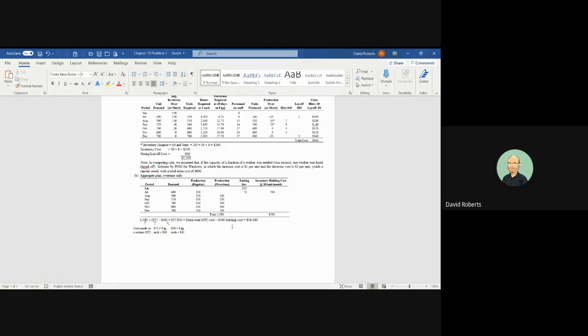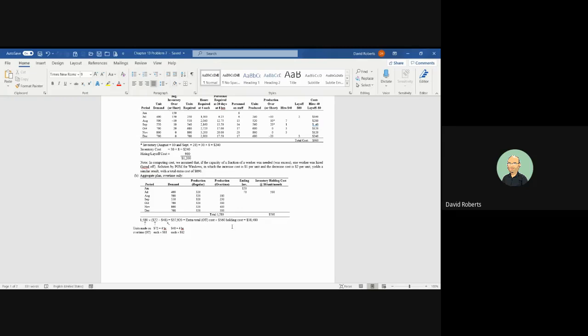So you have, in this case, the 70 units of ending inventory for a total cost of 560. You have to create 1,580 units of discs by paying overtime, and overtime is assumed to be 1.5 times. So rather than paying $48, you are going to be paying 72.